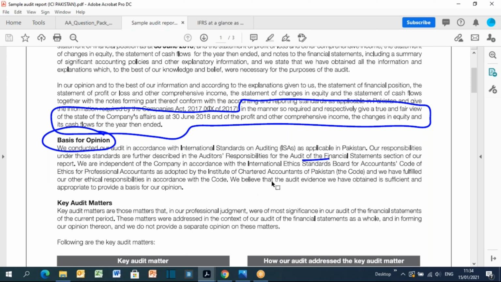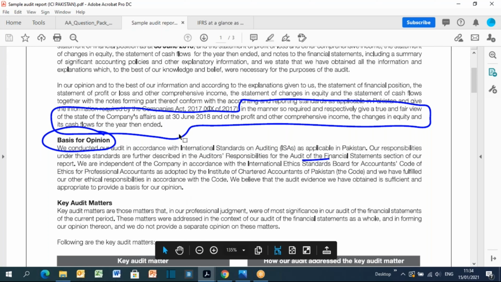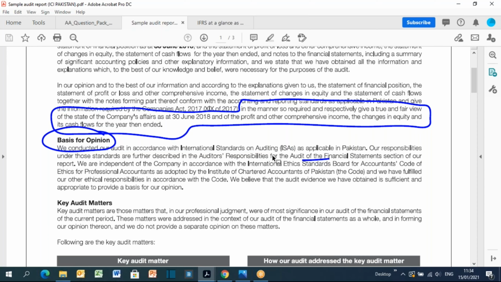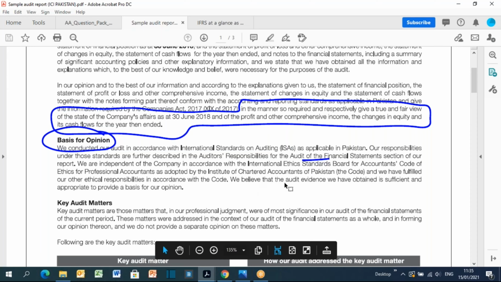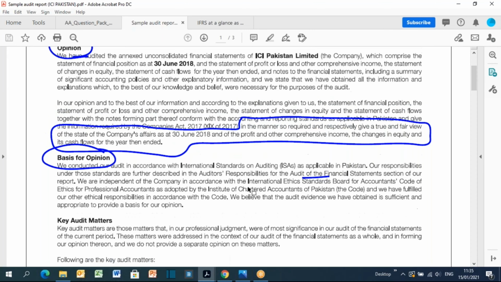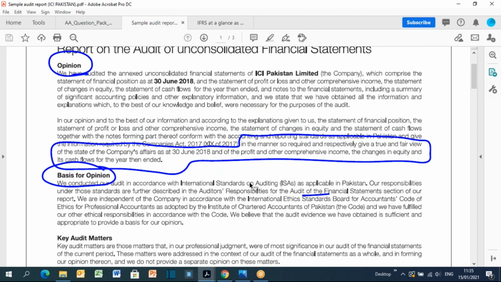Then it says our responsibilities under these standards are further described in the auditor's responsibilities section. So you have to mention the auditor's responsibilities, and you explain the opinion that was given. We believe that the audit evidence we have obtained is sufficient and appropriate for the basis of our opinion. So in this case, the opinion is unmodified.